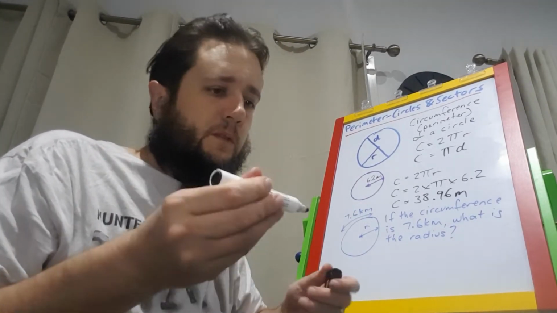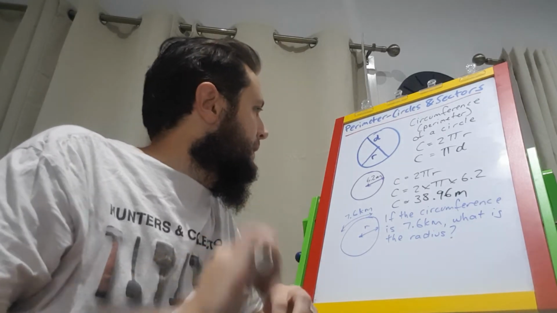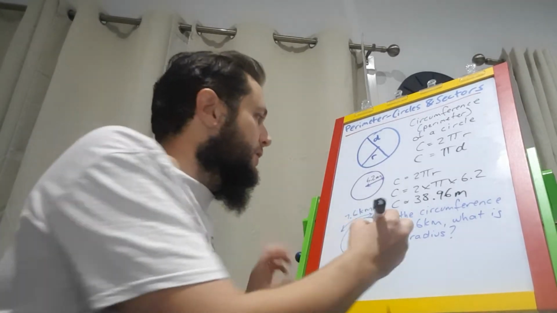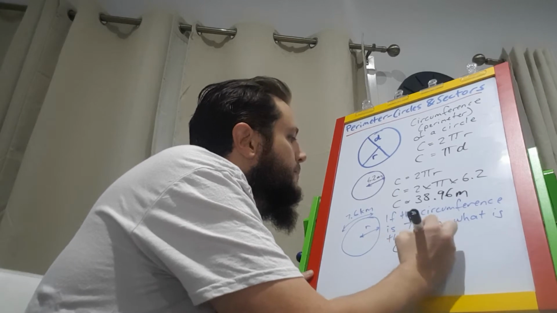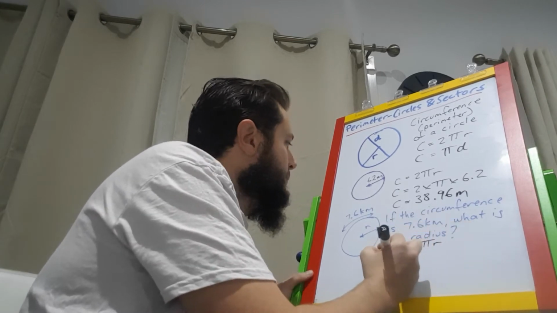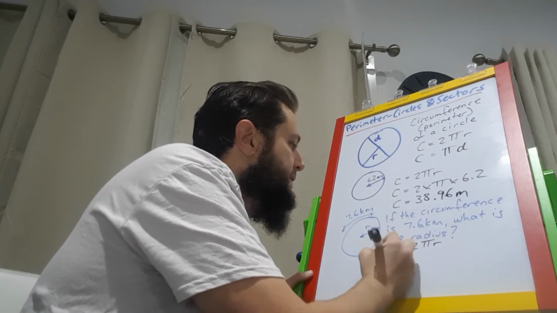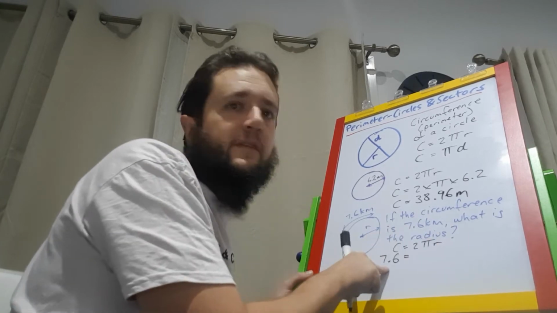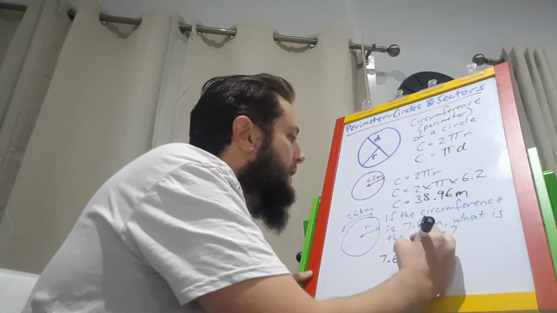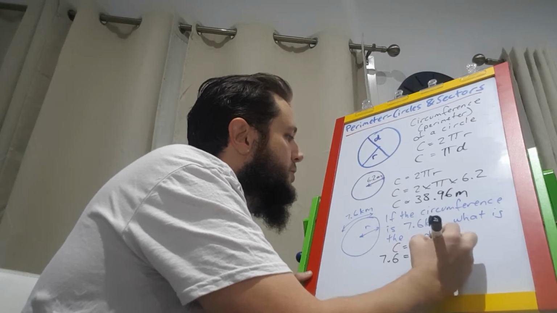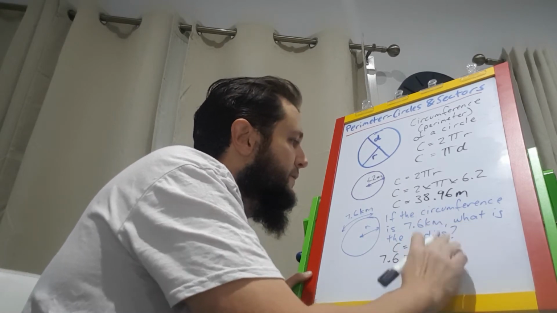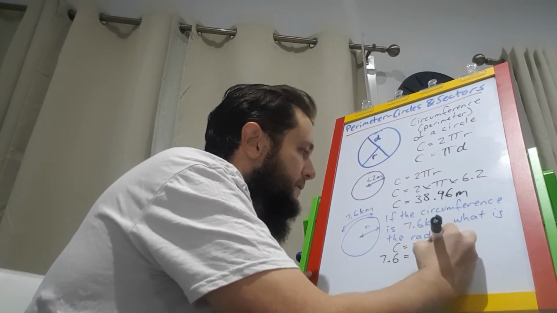All right, so we know the formula. We know C is 2 pi r. We know that the circumference is 7.6, so I can put 7.6 in as C, and it's going to be then 2 pi times the radius, right? 2 pi r still over here.